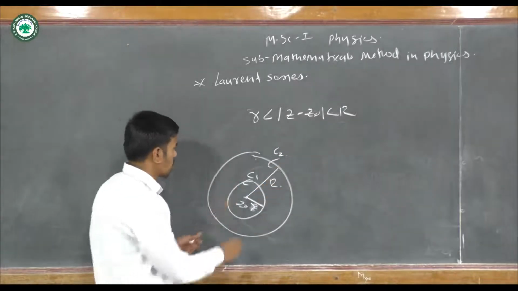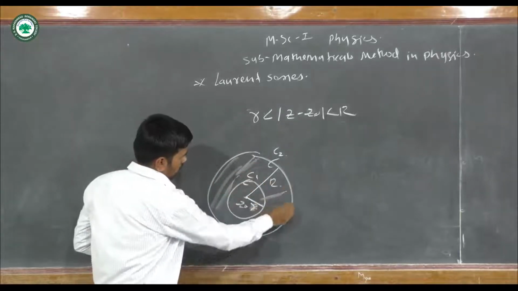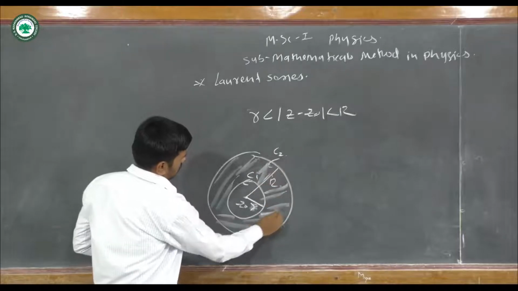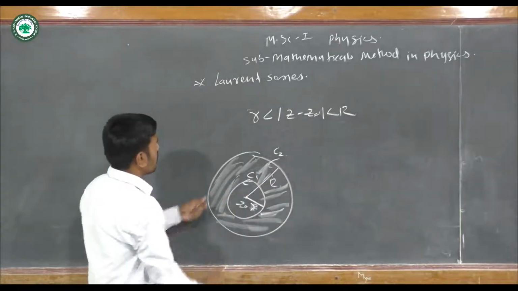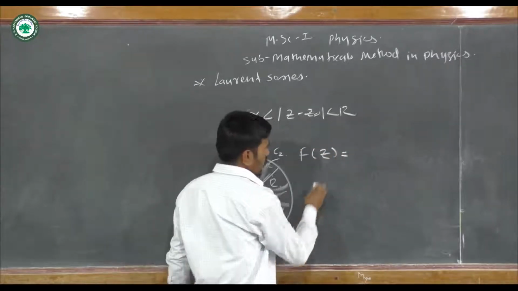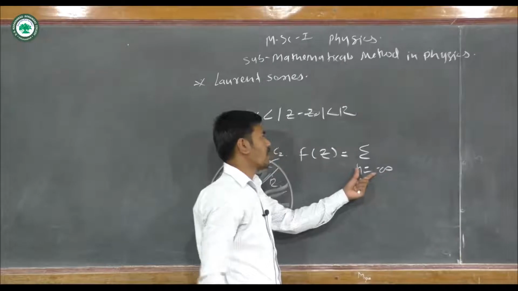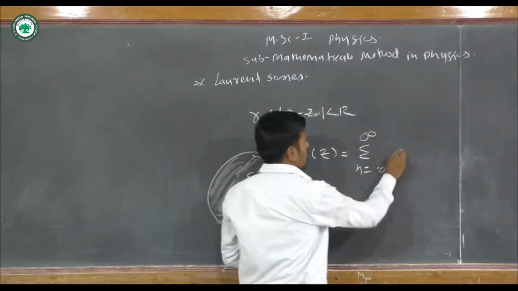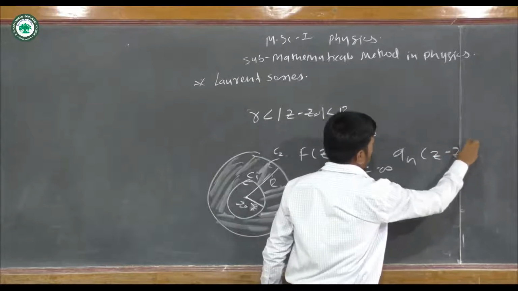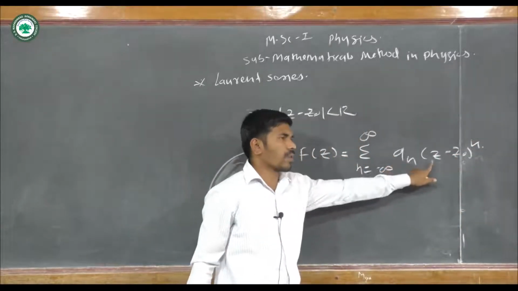In this region we can expand this f of z. We can write f of z as the sum from n equal to minus infinity to plus infinity of a n times z minus z naught to the power n. This a n is the characteristic coefficient of the series.